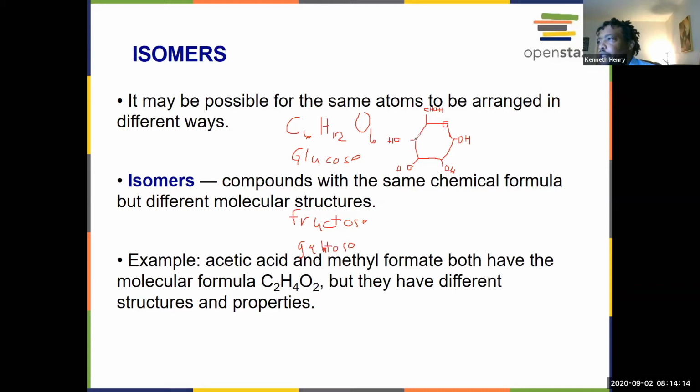Okay, each of these vertices represents one of those carbons. So that's 1, 2, 3, 4, 5, 6 carbons. And then here are our oxygens, 1, 2, 3, 4, 5, 6 oxygens. And then each of these carbons will also have hydrogens hanging on to them because carbon can have 4 bonds. We'll talk about that a little bit later. So technically there are other hydrogens here, so that would account for all of the other hydrogens.